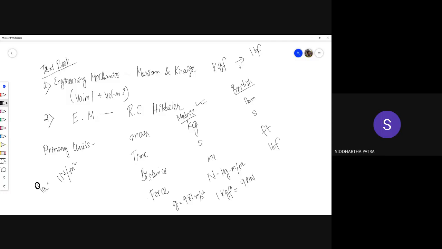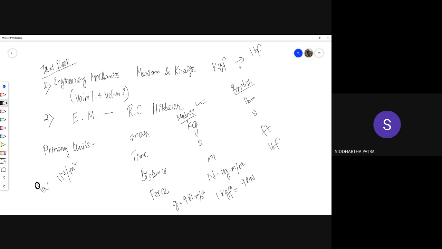Actually, it's not a question. All I'm trying to say is that these are gravitational units. It's the unit mass being pulled by the gravitational force, so the acceleration part is the same.